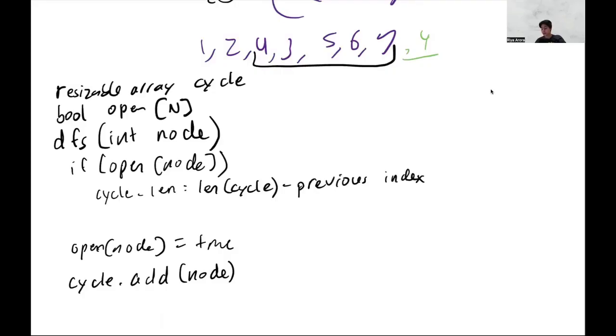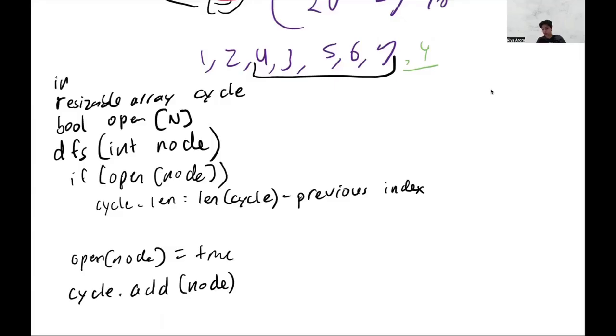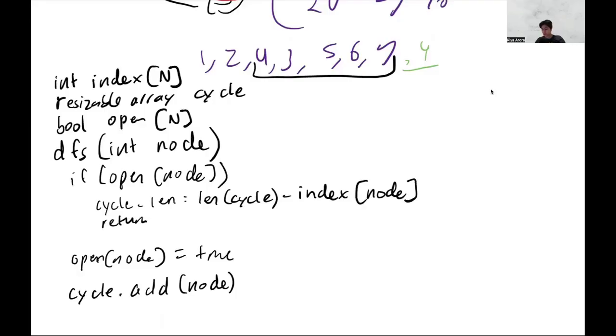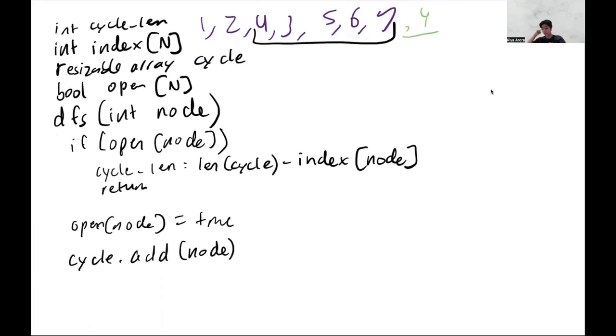So how do we keep track of this? We're just going to have an array to store the previous index in the cycle array. So we're just going to say minus index of node. And then we return. And cycle length can be a global variable outside of the function.